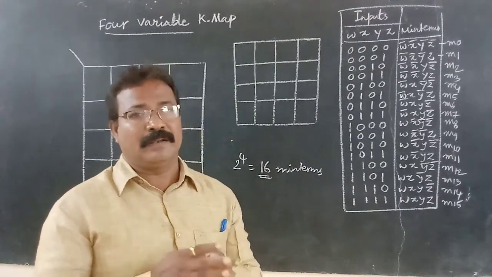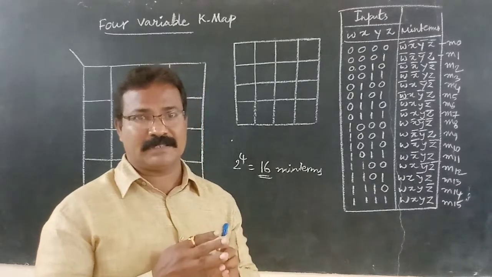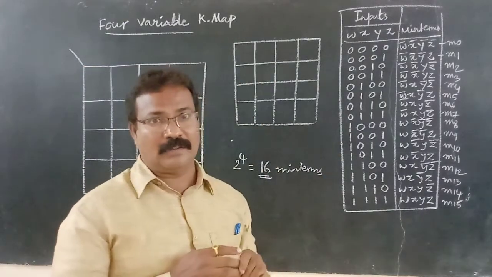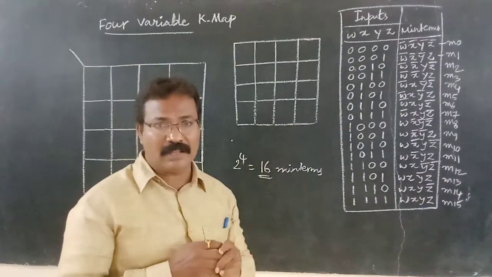Each minterm specifies a square in the K-map.